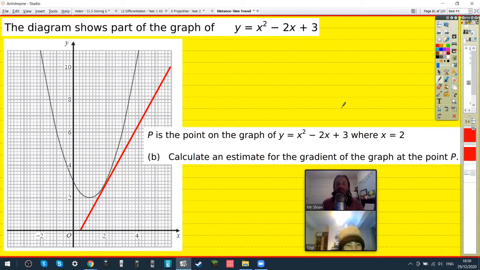Tangent. It's probably wrong. So it's 7.5.